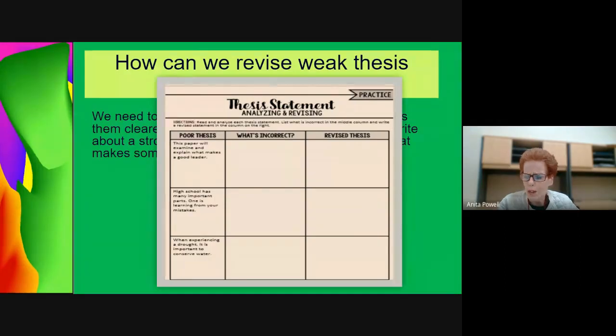So, how about, let me try this. A drought is a good time to develop technology that will enable us to conserve water and gain water from other areas than rain and nearby rivers.